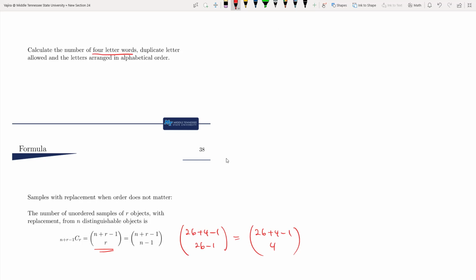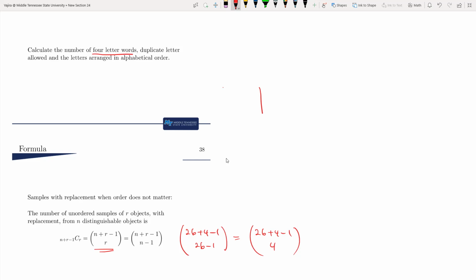So how many ways can you do this? This 26, you can think of as sticks. Let me draw like this.